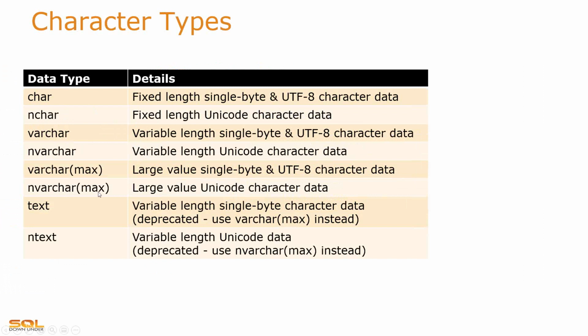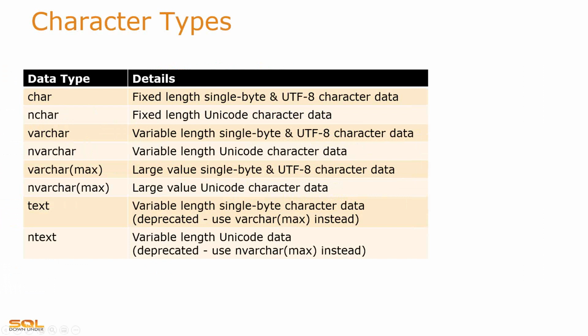The other two here, varchar max and nvarchar max, are the large value, the blob versions of these varchar and nvarchar. There's a subtle thing to understand, that they're actually a different data type under the covers, but for the moment, you could just think of them as very, very long values.